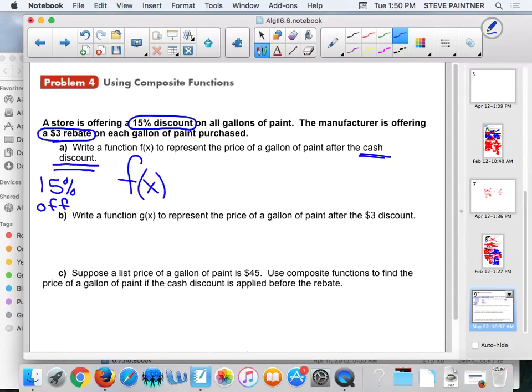Well, the question becomes, what did the paint cost you per gallon? We don't have it. We don't know what the paint cost, so if you don't know, call it what? X. Call it X.